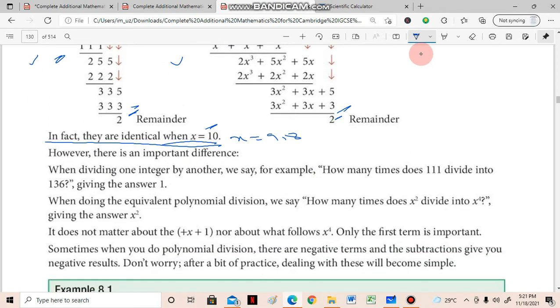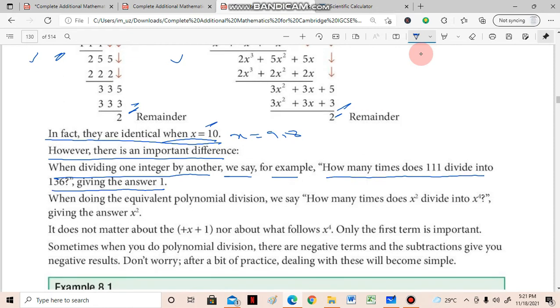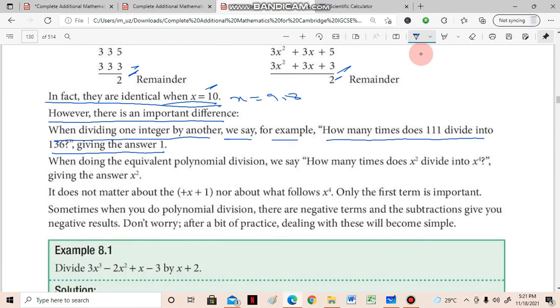Moving forward, they are saying however there is an important difference. When dividing one integer by another, we say, for example, how many times does 111 divide into 136, giving the answer 1. But when doing the equivalent polynomial division, we say how many times does x squared divide into x to the power 4, giving the answer x squared.